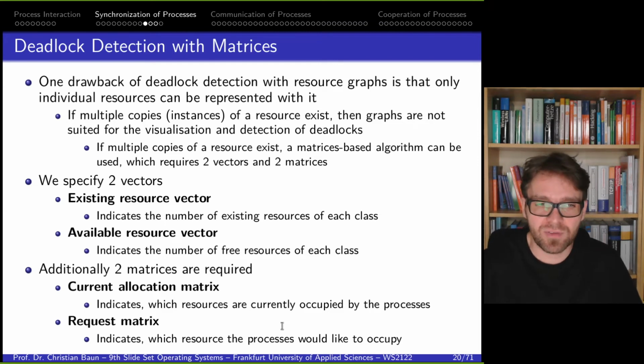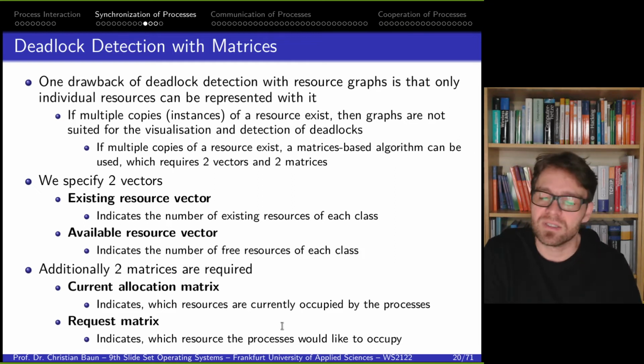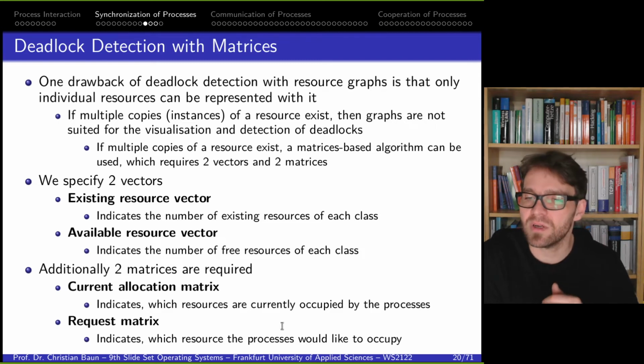And the final matrix is the request matrix, so it will indicate how many resources every process now needs in order to continue to work. Or maybe that's the wrong explanation. How many resources are required now to allow every process to be successfully executed. What is still required?